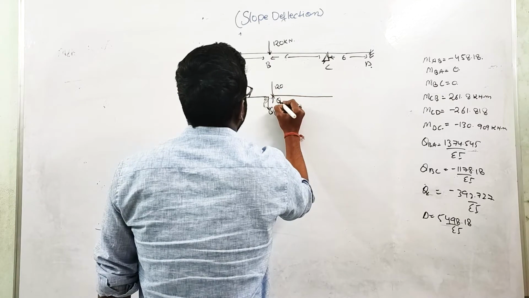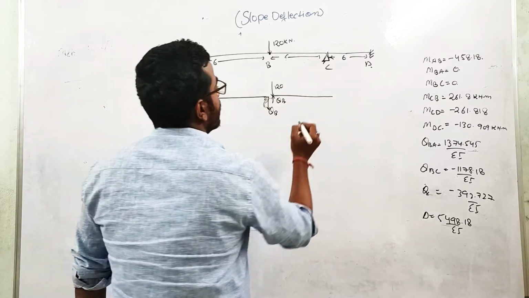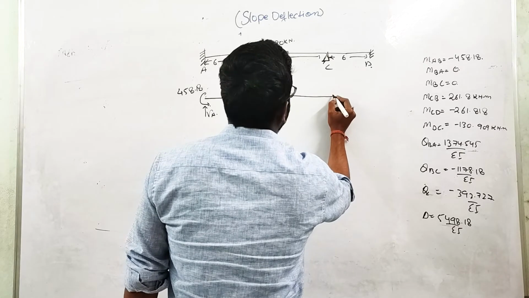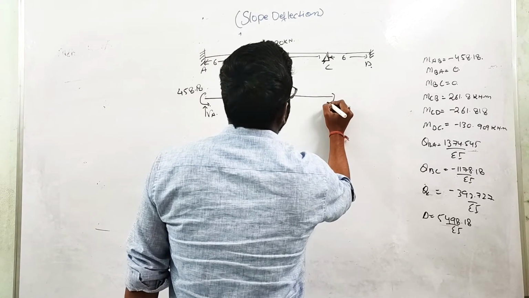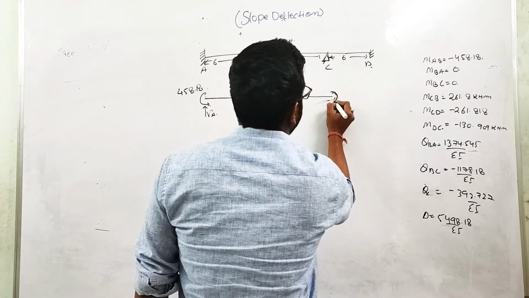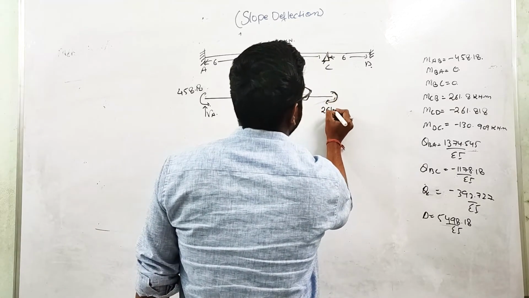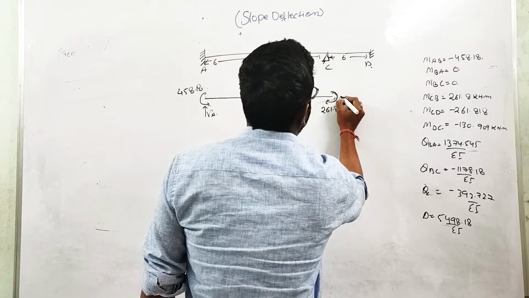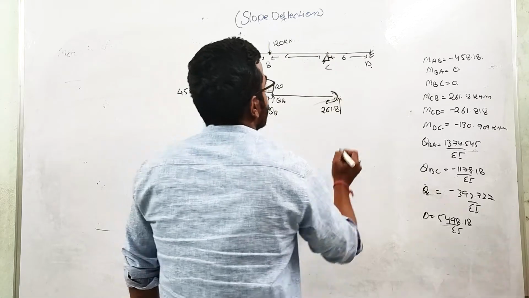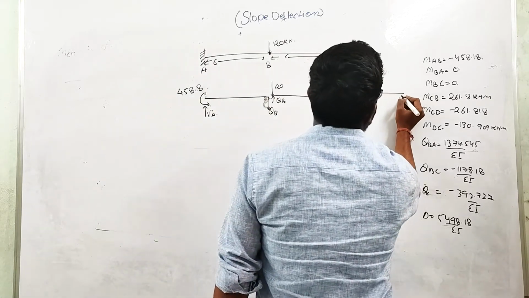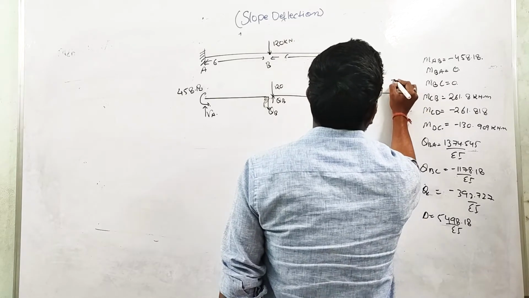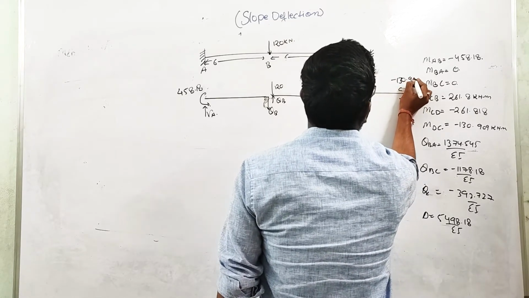And at support C, I will have one moment, the MCB value, which is 261.8, clockwise. There will be some vertical reactions. And at this point, the MDC is anti-clockwise, with value 130.909.